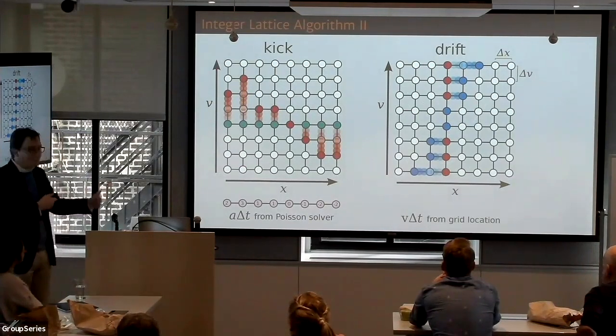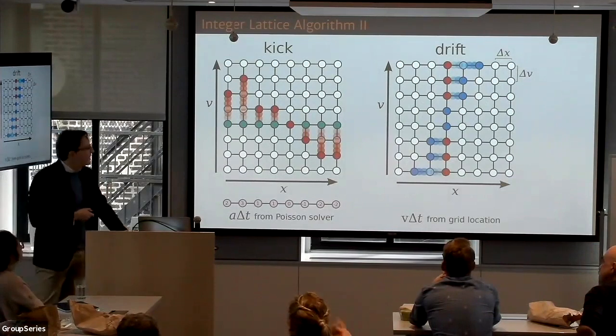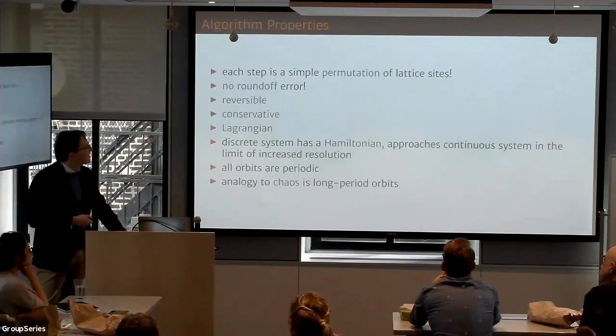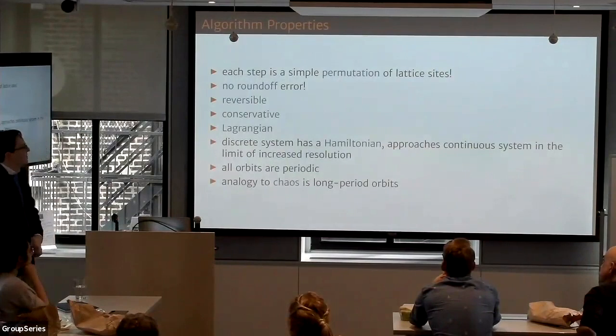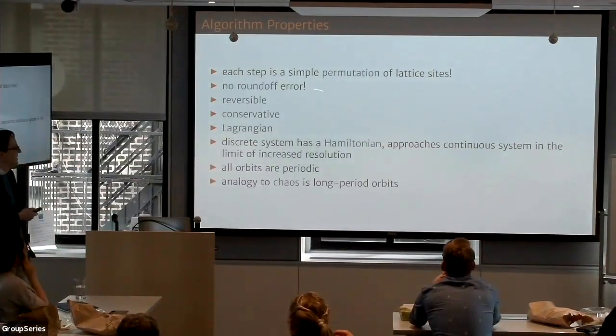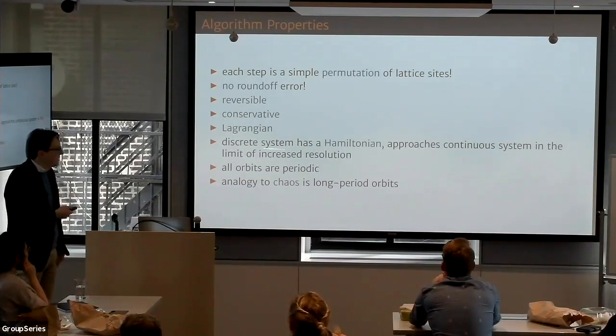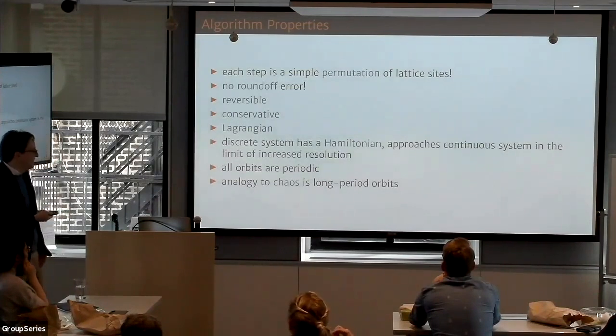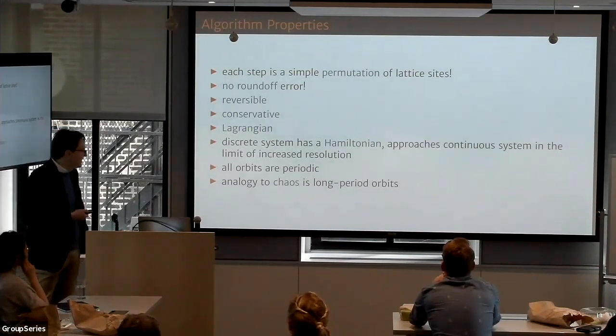You can alternate these two in a kick, drift, kick fashion to evolve your simulation. Each step is a simple permutation. There's no round-off error. It's reversible, conservative, Lagrangian, and importantly, there's a discrete Hamiltonian associated with this finite lattice, which approaches the continuous limit as you increase the resolution.